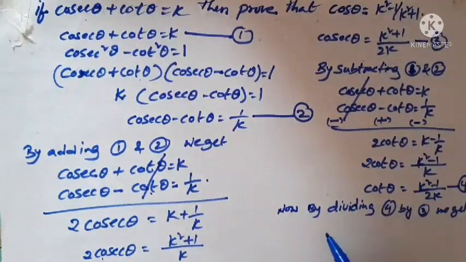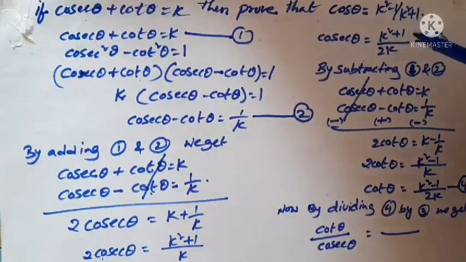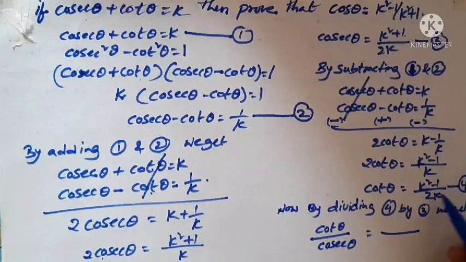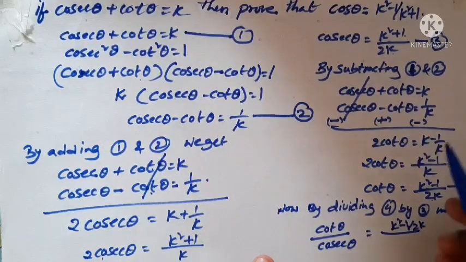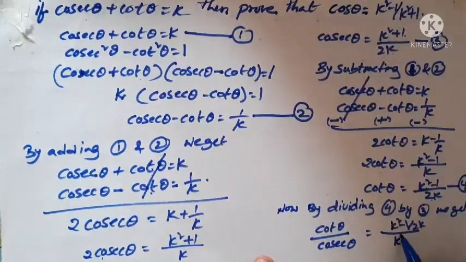Cosecant theta and cot theta. So cot theta by cosecant theta. And now what do we have on the right side? k square plus 1 by 2k and k square minus 1 by 2k. So first we have k square minus 1 by 2k in the numerator place, and the third one, k square plus 1 by 2k, in the denominator place.